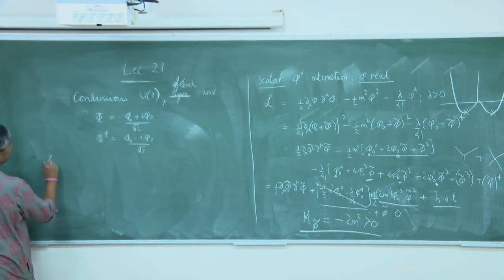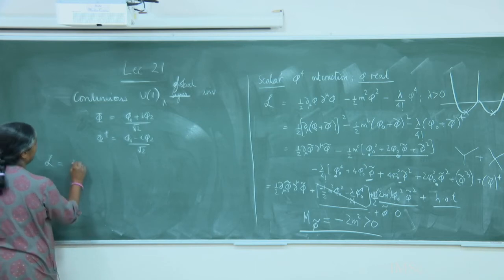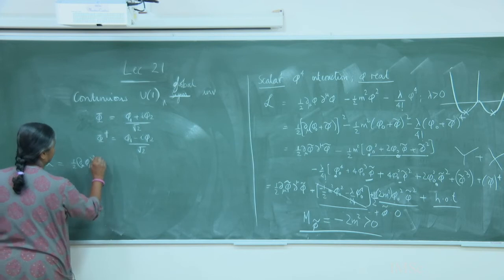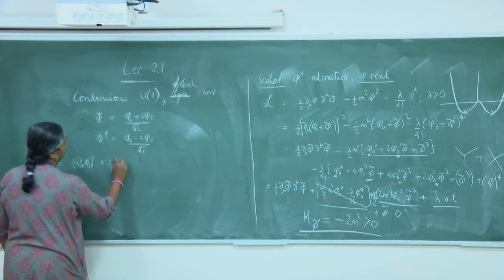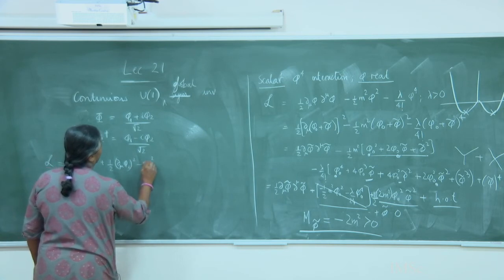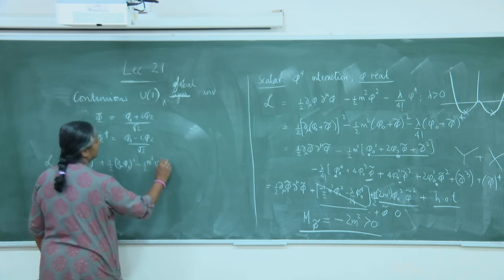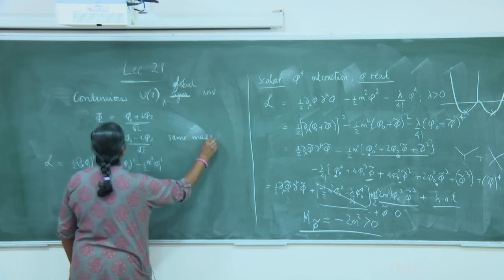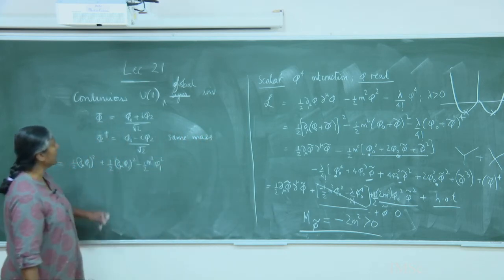So let me write the Lagrangian. The Lagrangian is half d mu phi 1 squared, plus half d mu phi 2 squared, minus half m squared phi 1 squared. They have the same mass, obviously, right, because they are conjugates. See, it's a charged particle, right?